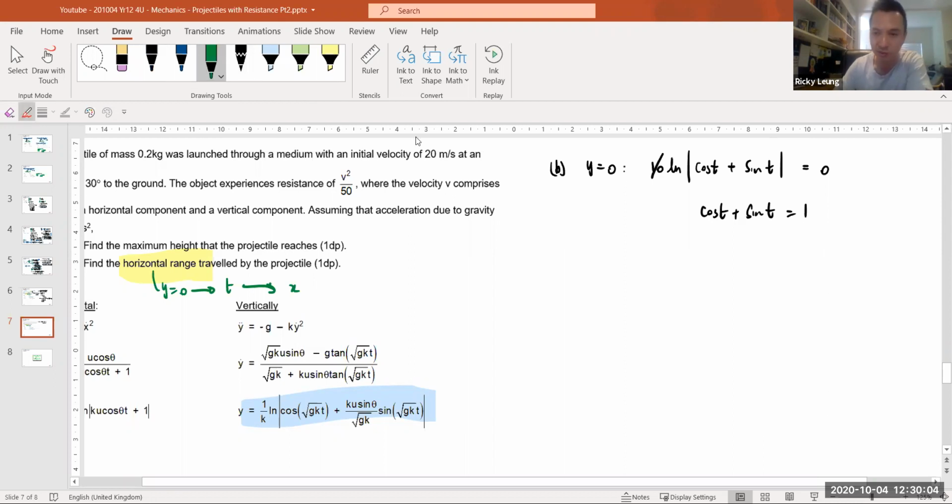So if you let this be transformation, right, that would be r cos t plus alpha equals to 1.